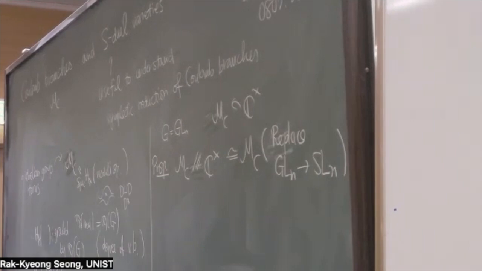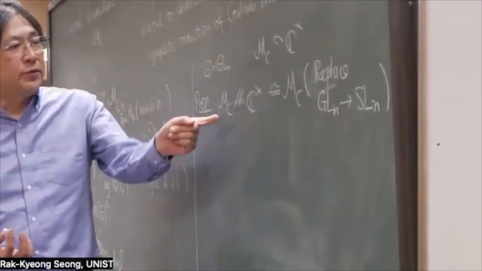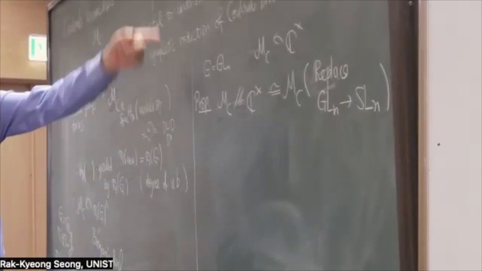So this is a very general statement. Starting from our definition of the Coulomb branch, it's not so difficult to check this. So in that sense, the reduction of the Coulomb branch with respect to this kind of torus action is easy.